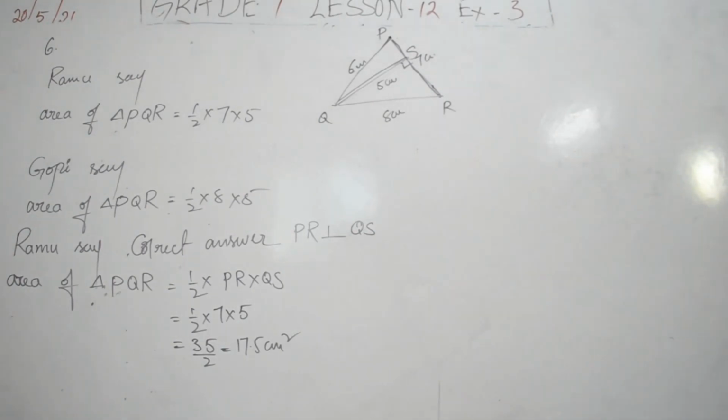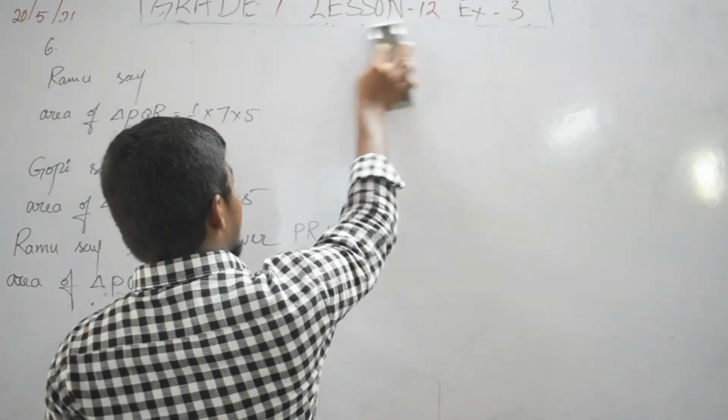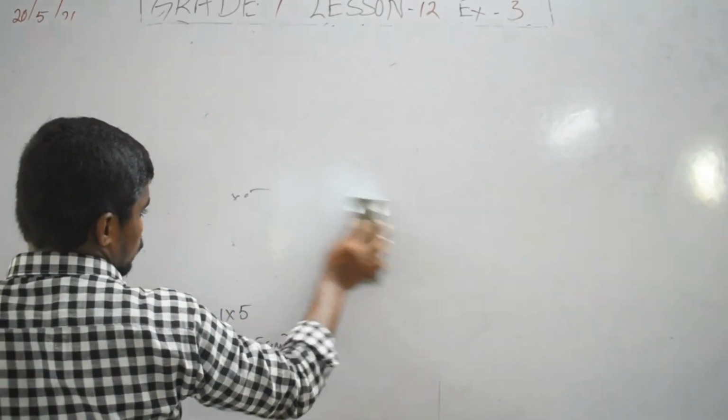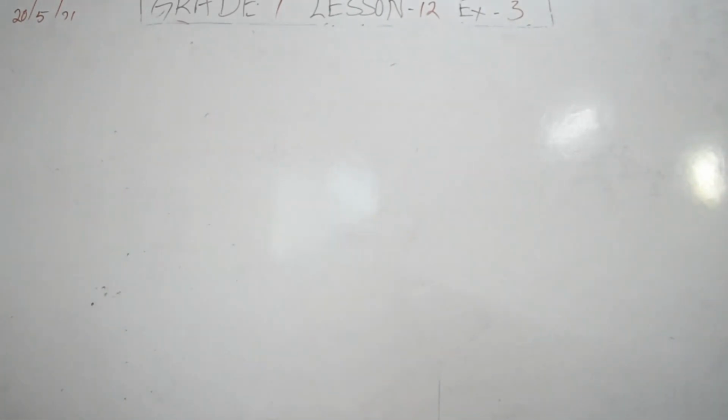Next, seventh one. Find the base of the triangle whose area is 220, height 11. Here, area is given and height is given, but the base isn't given. What is the base?